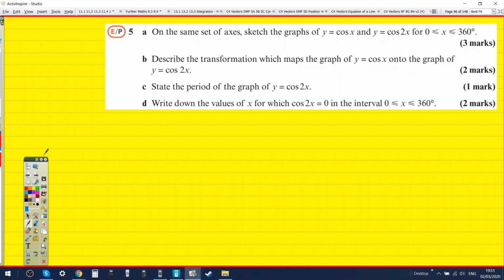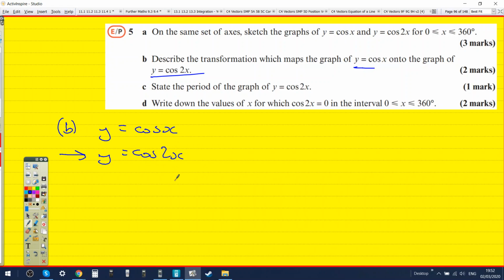Is that a function? Yeah, y equals cos 2x. So y equals cos x becomes y equals 2 cos x. What transformation is that? Is that all y coordinates multiplying?